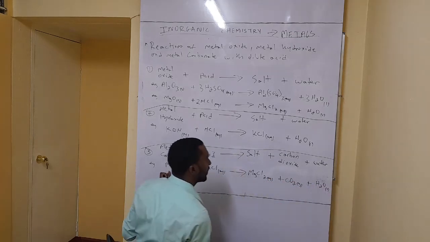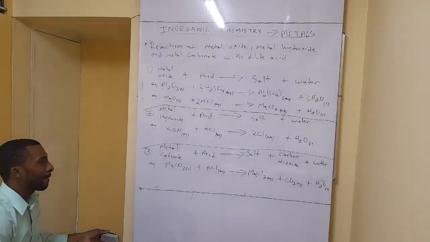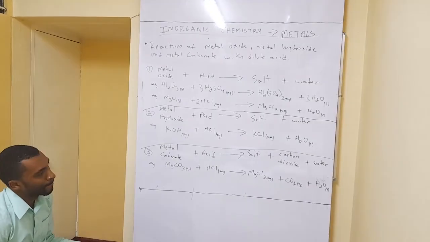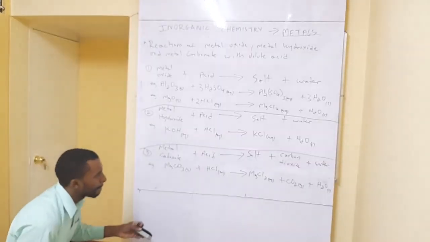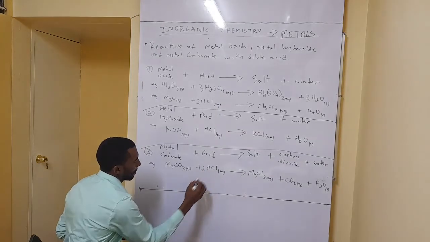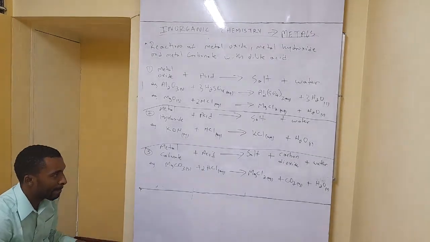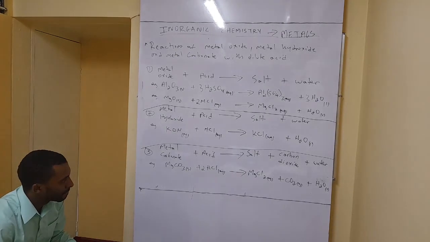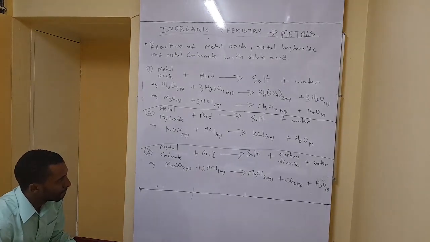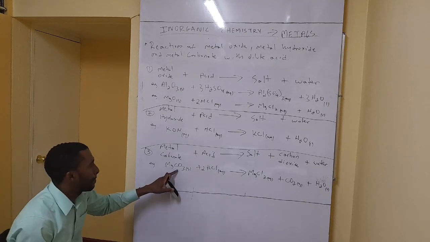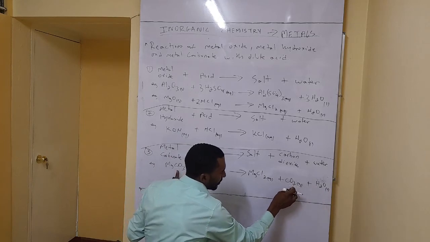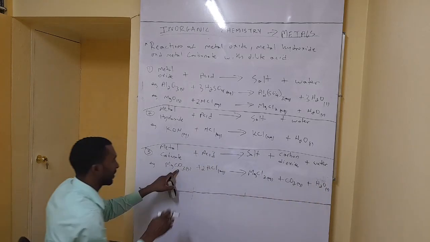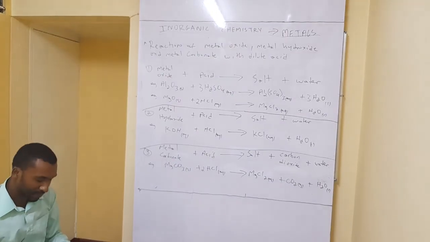Balance it out now. I will put 2 in front of the acid. Then check the oxygen: 3 oxygen over here and 3 oxygen over there, so it's balanced.